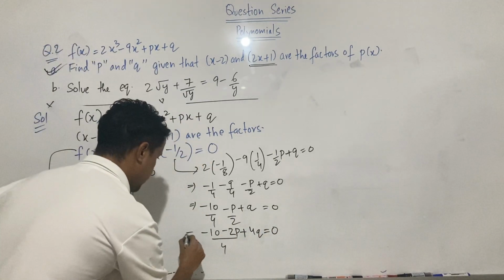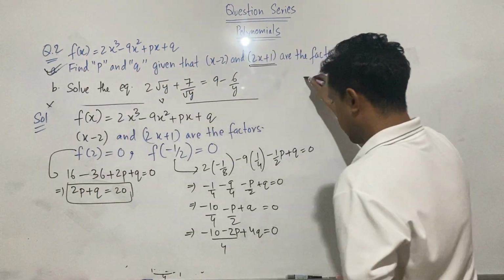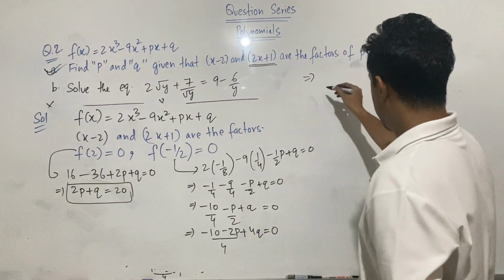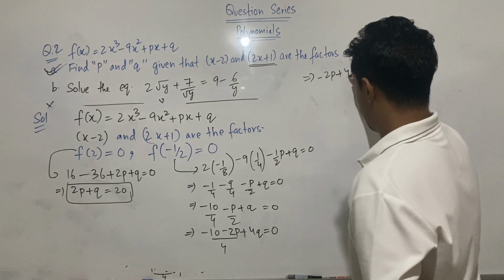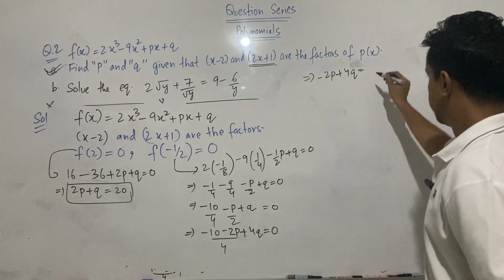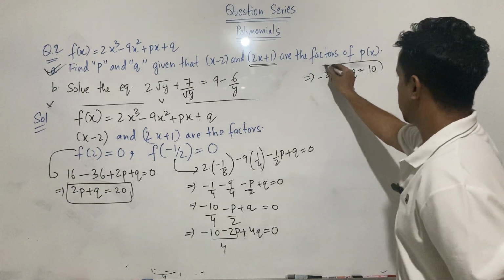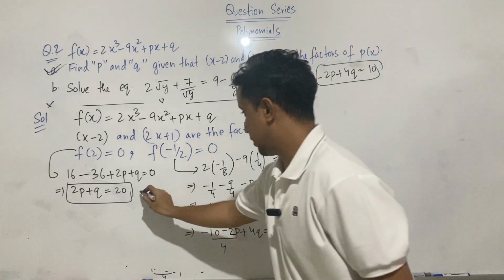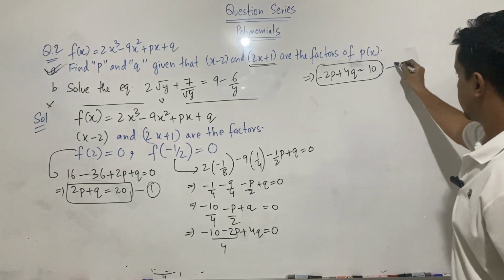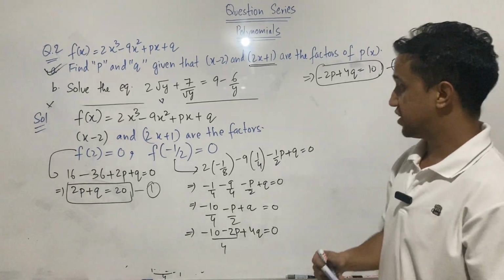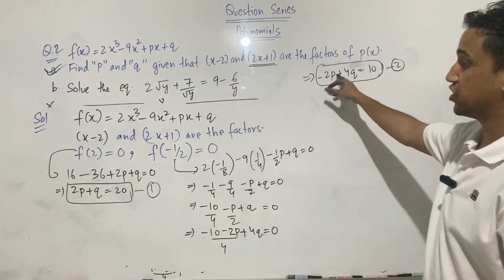So on further simplifying it, I will get minus 2p plus 4q equal to 10. Okay, so this is equation 1, this is equation 2. Now here I have 2p, here I have minus 2p.